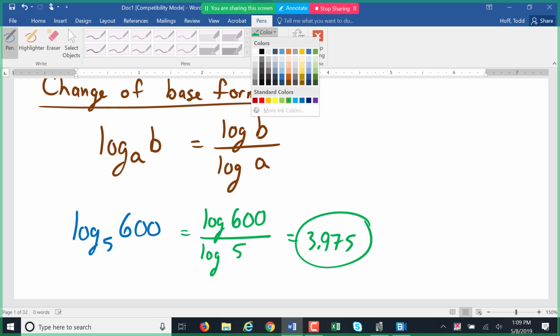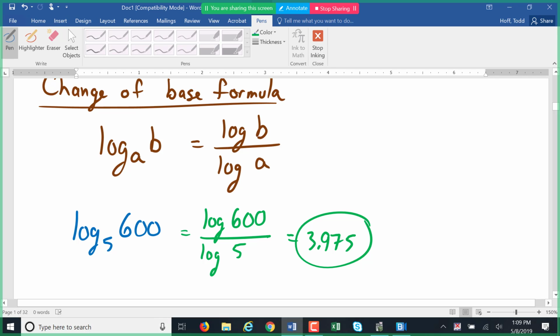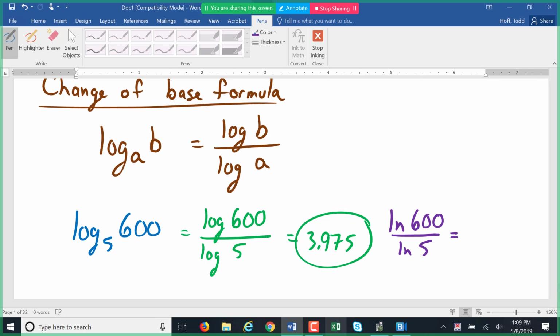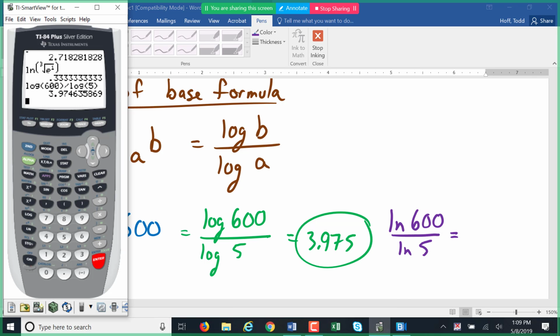Now I get asked every now and then, does it matter whether I use the log key or the ln key? Would ln of 600 divided by ln of 5 work? Of course it does.